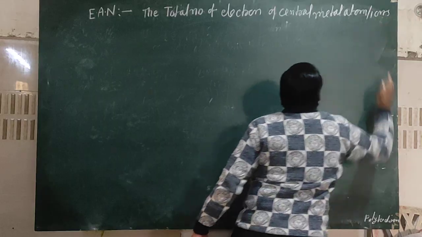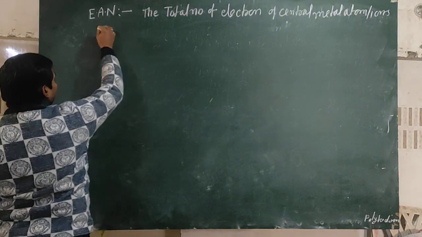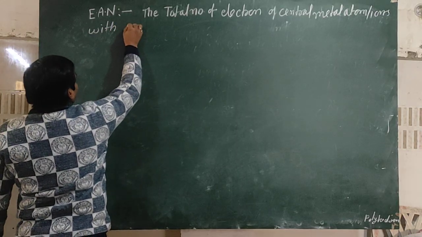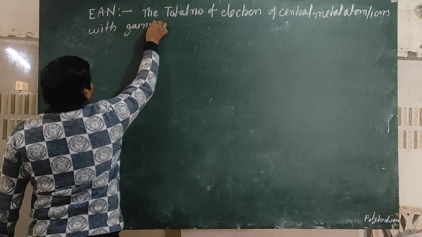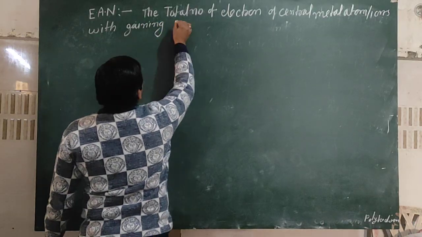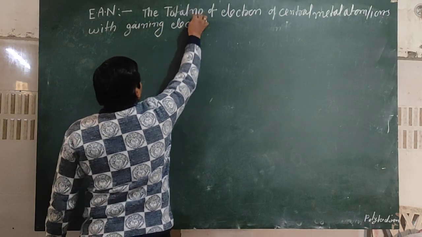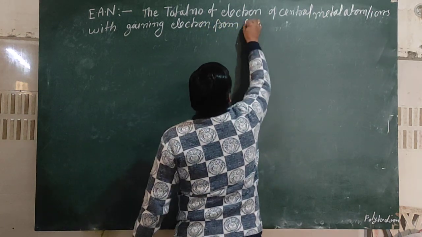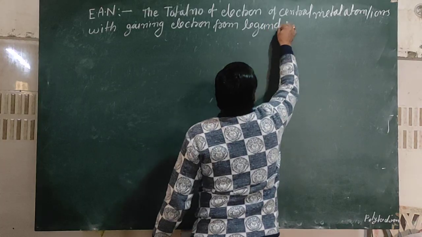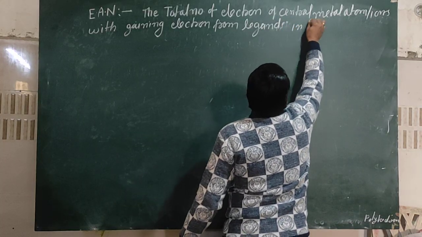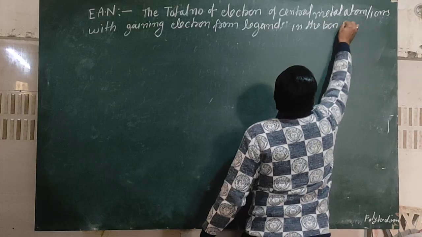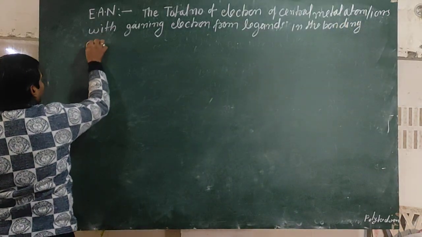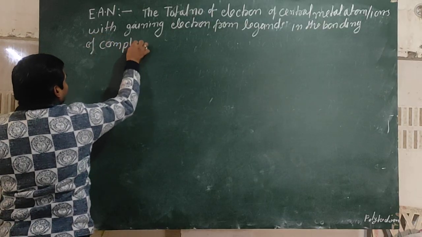ions, total number of electrons of central metal atom or ion with gaining electrons from ligands in the bonding of complexes.